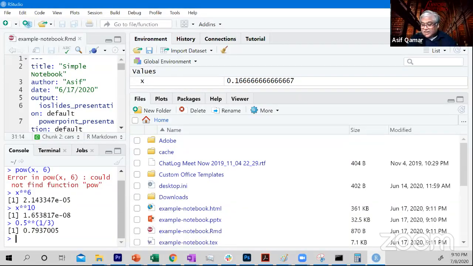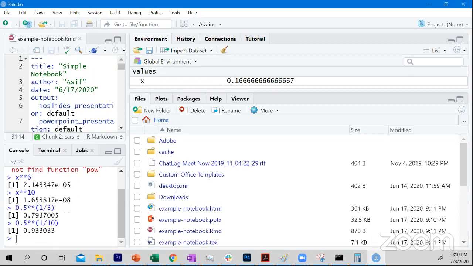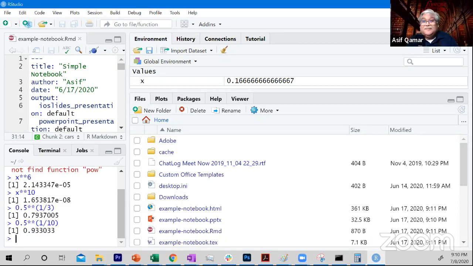You go there and you say 0.5 ** (1/10). Guys, can you guess what it will be when I hit enter? You'll be surprised. It's 93%.